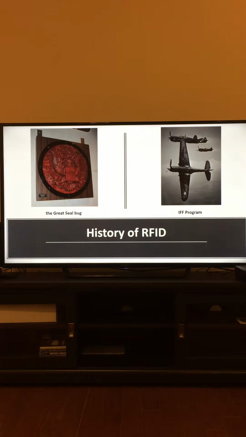However, the usage of RFID tag was based on the toll device patented in 1973. Then gradually, RFID was deployed in many industries such as transportation, banking, security, and medical.